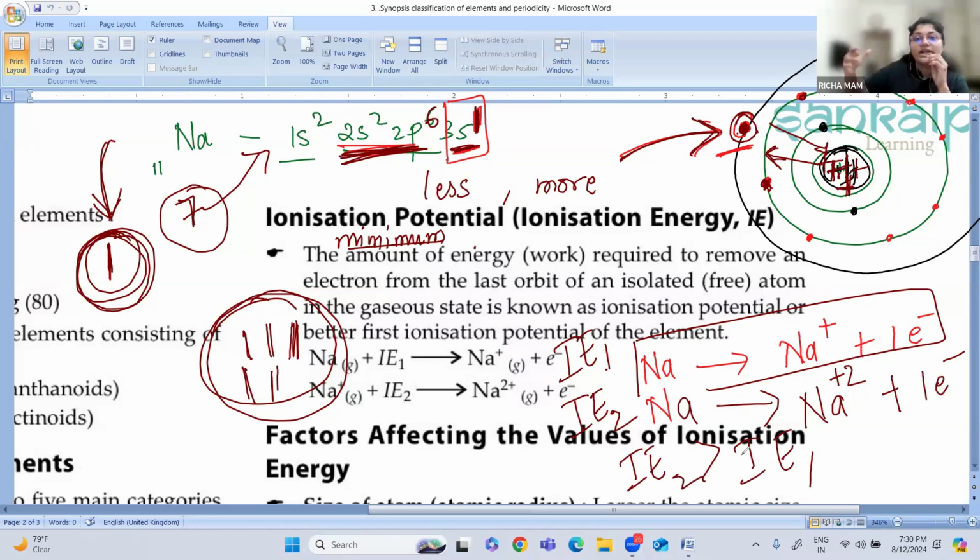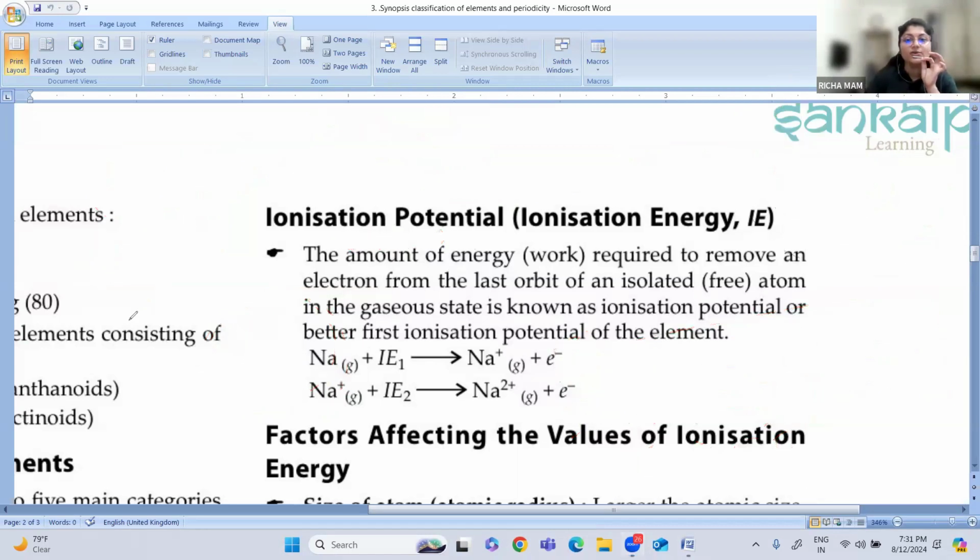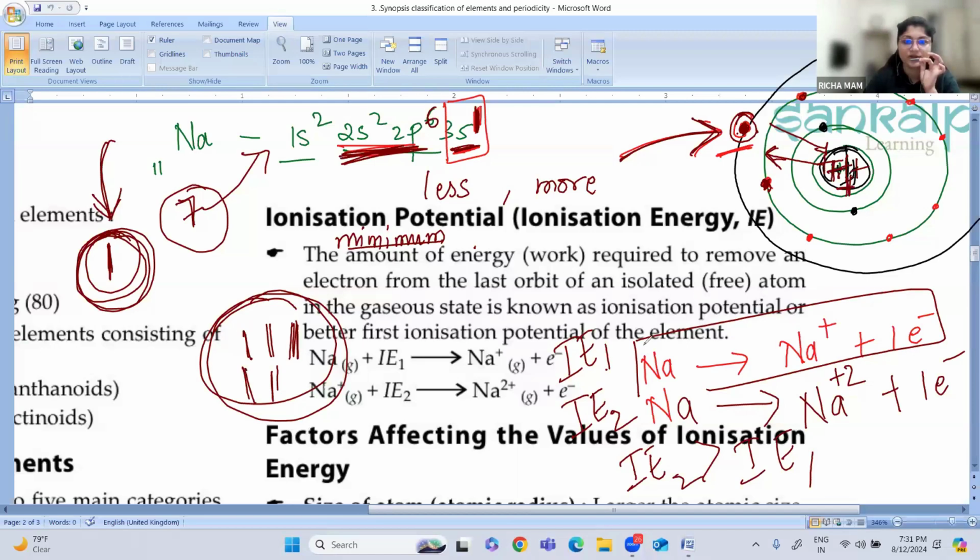So subsequently, as you remove the second, third, fourth electron, the energy will go on increasing. So the ionization potential when you are removing the first electron will be less. It is the minimum amount of energy required to remove the outermost electron.